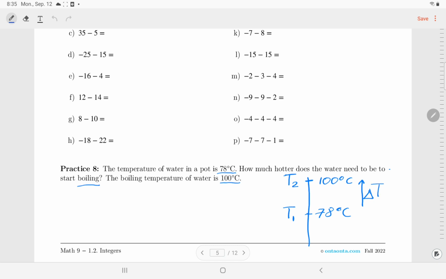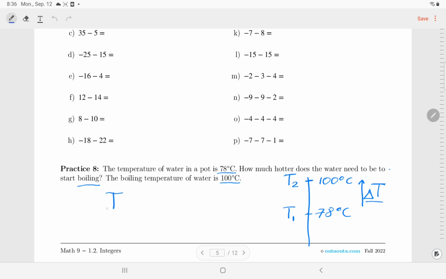Change in temperature is represented as a triangle and capital T. So we're looking for the change in temperature, or the difference in temperature between T2 and T1. Remember, difference is the result of subtraction.